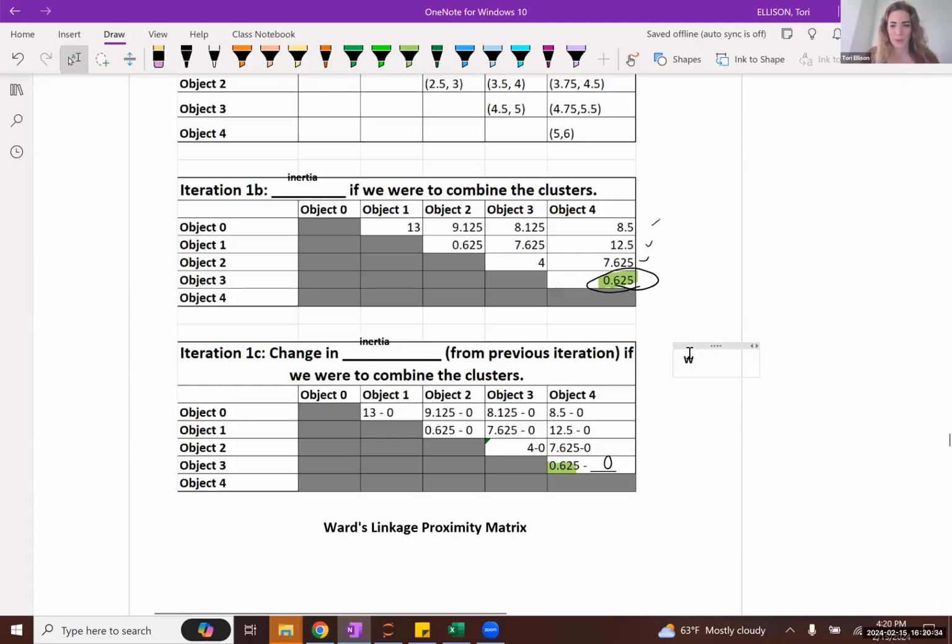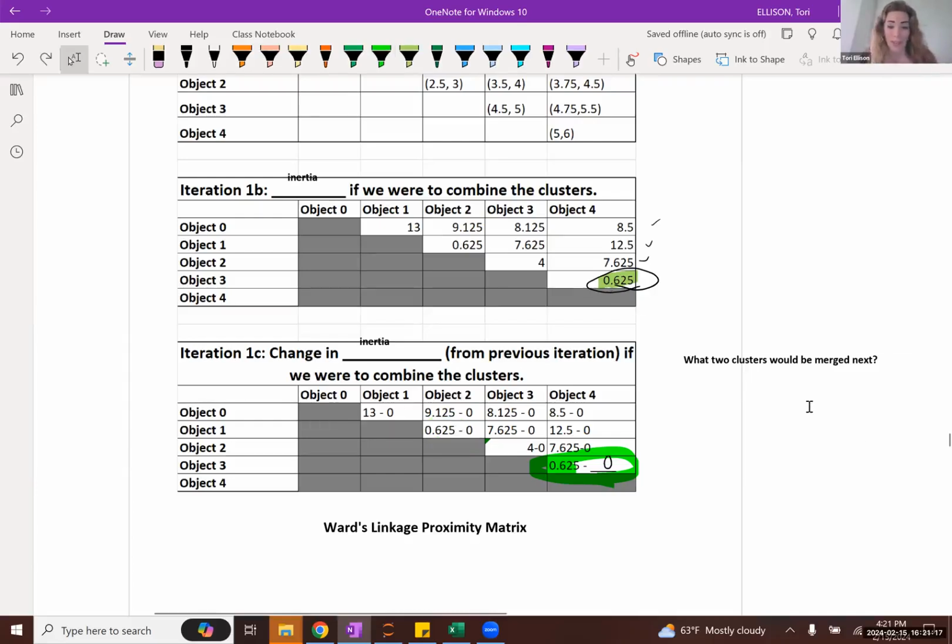Based on this proximity matrix here, the next question is, what two clusters would be merged next? Basically, which one has the smallest distance here? Again, you've got multiple options. You can pick this one or this one because these are the two smallest values.